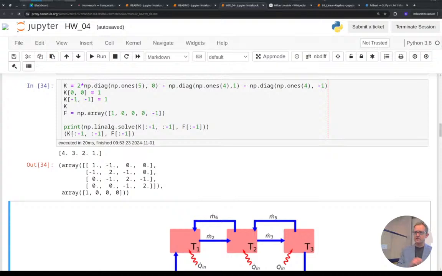Easier than doing it out by hand, solving 5 equations, 5 unknowns. Here are 4 equations, 4 unknowns.